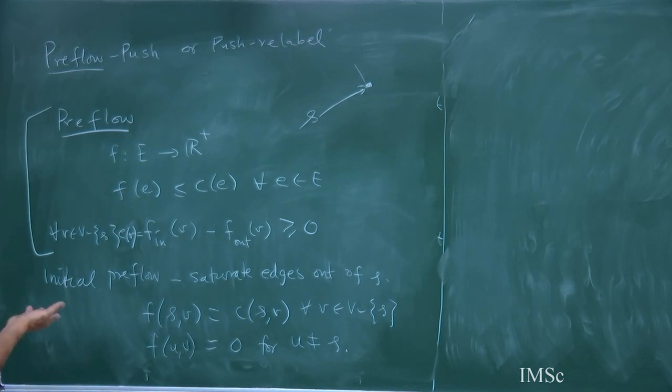Okay, you could also define the residual network exactly the way we define it for flows, right?